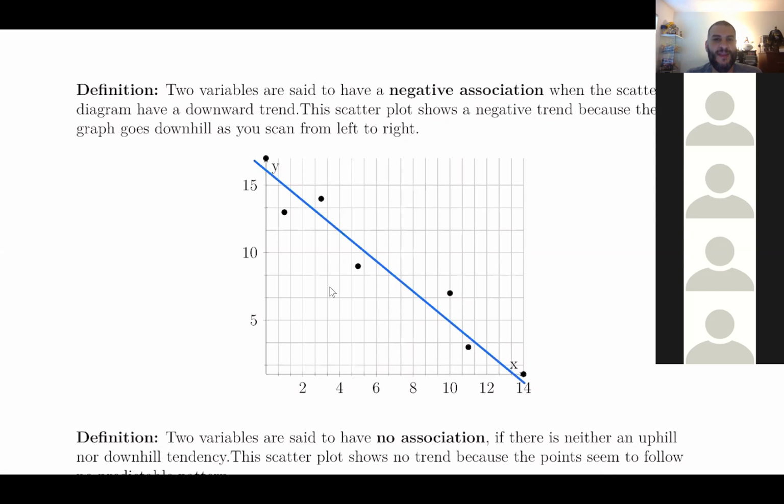Downward. Since it's going downward, we say this has a negative association. And that's it for that one. Any question in regard to a negative association? No. All right.